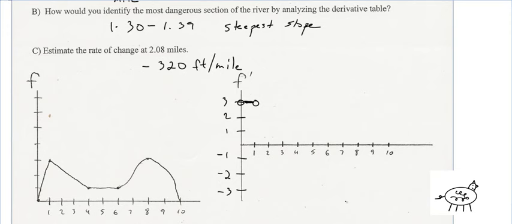Then I go from 1 to 4, and you agree it goes down 2 over 3, so this is a negative 2/3 slope. This was a 3 slope, so I go down to negative 2/3, and I have an open dot, and I go from 1 to 4.